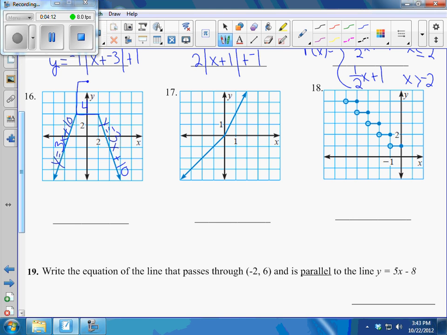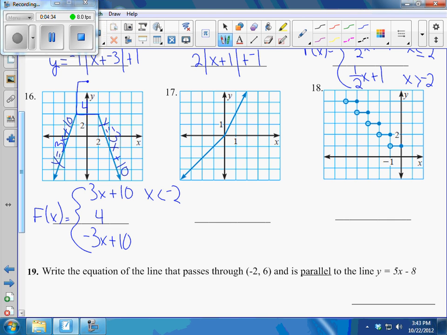So when I go for my piecewise function, going from left to right, I have 3x plus 10, I have 4 and negative 3x plus 10, and then my boundary lines are at negative 2 and 2, and for the 3x plus 10, it's less than negative 2.